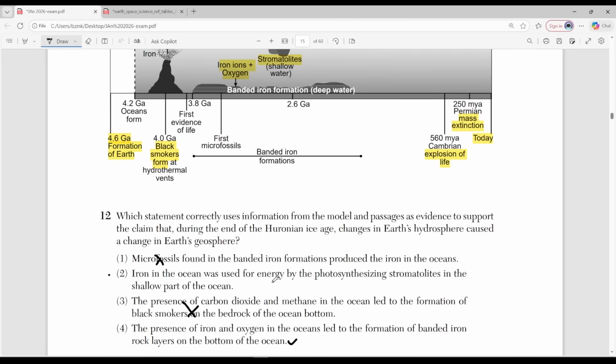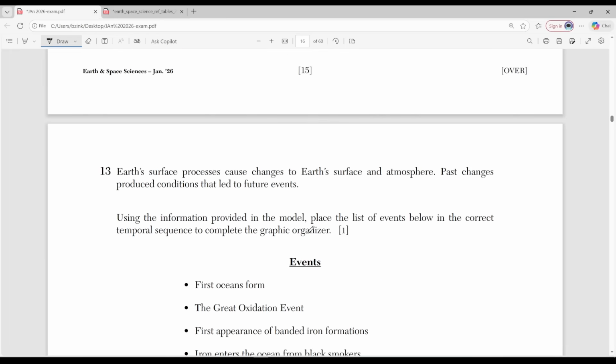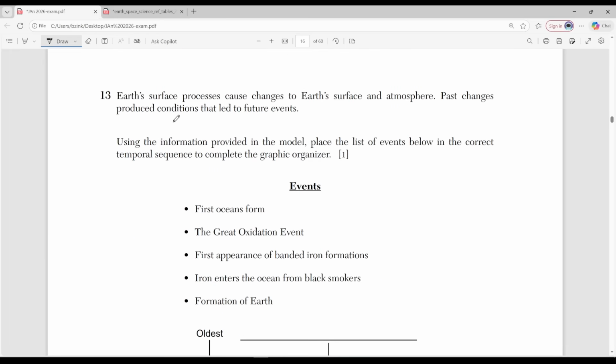So the thing about this one is it's asking specifically hydrosphere and the geosphere. The geosphere is more of the rock. So I'm going to say this is the exact answer that's going to affect the hydrosphere and the geosphere. Geosphere is like the rock layers, basically. So this is 4. I would say it's a little tricky. I'm going to call this a 4 out of 10 difficulty. But so far, I haven't seen anything crazy. But we're only on question 13.